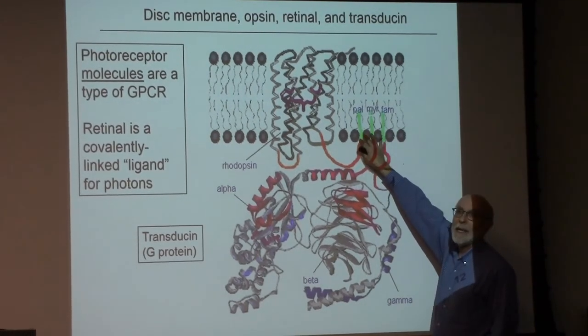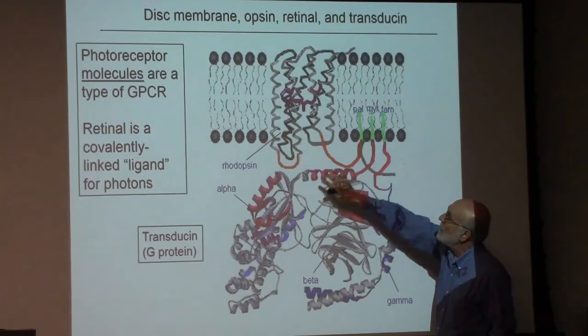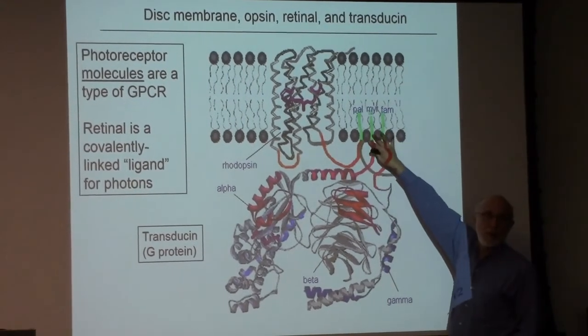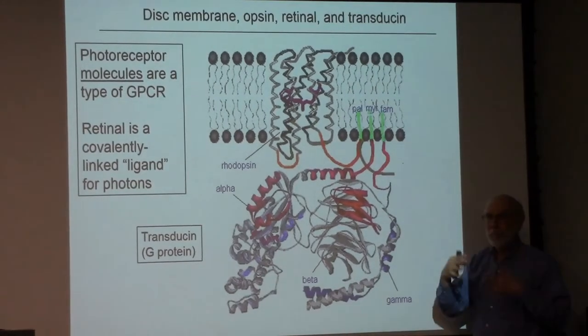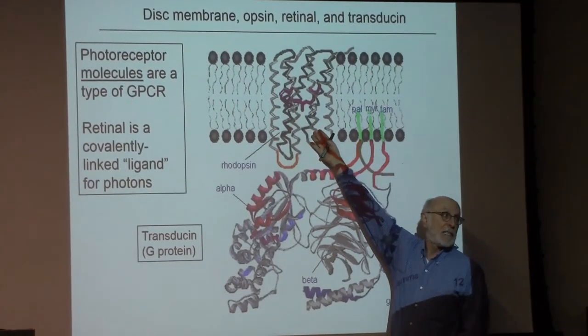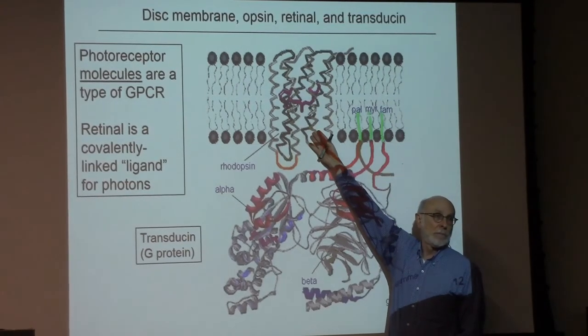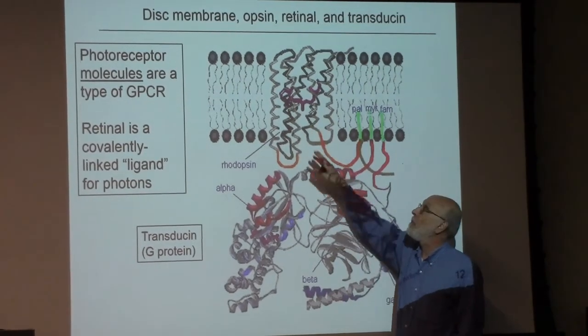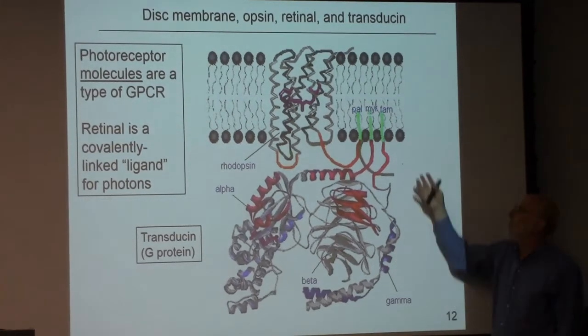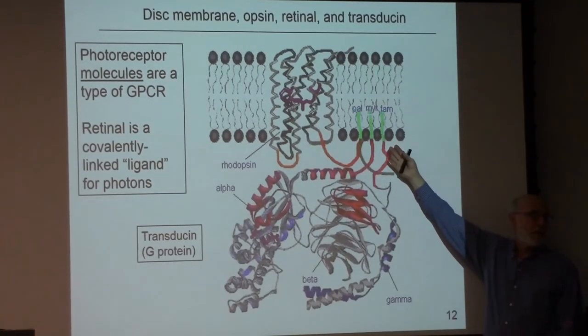These are the lipid linkages that couple the alpha and the beta-gamma subunits to the membrane. So the GPCR is in the disc membrane, or the comb membrane, and the alpha and beta-gamma subunits of the G protein are tethered to the membrane.